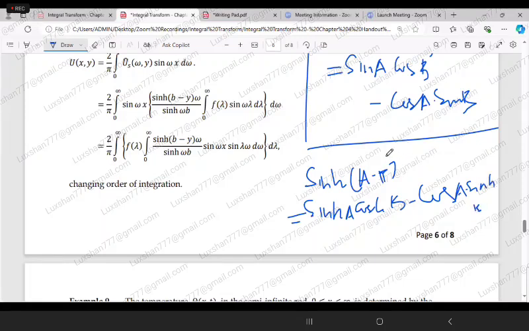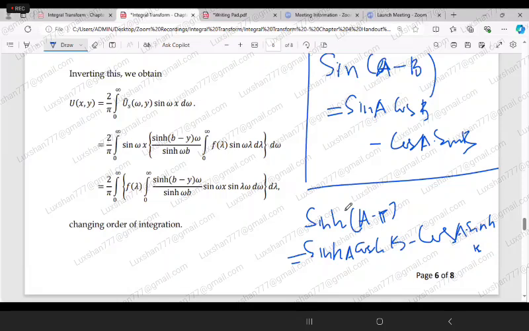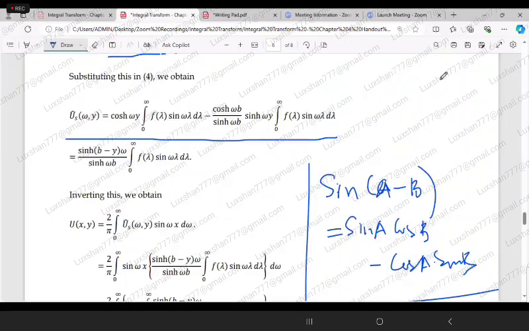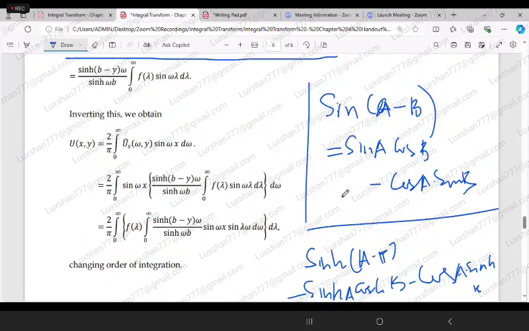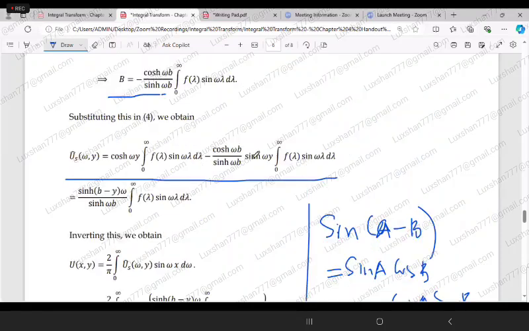Most of the trigonometric identities are similar for hyperbolic also, except sin squared theta plus cos squared theta is 1 in trigonometry. In hyperbolic, cosh squared minus sinh squared equals 1. But most identities like sin a minus b and sin a plus b are similar. We are doing that simplification here.